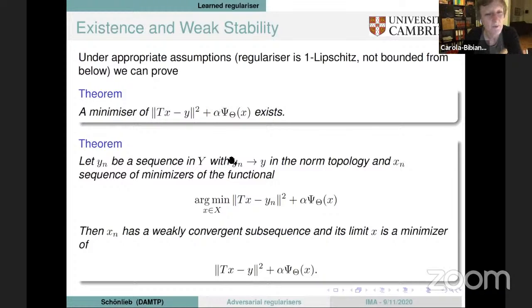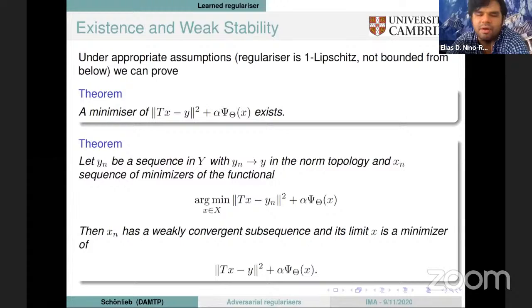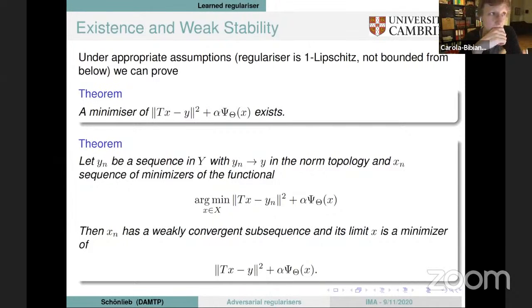But the other thing is, of course, initialization matters if you solve a non-convex problem. So something that you can do is initialize with something that you already think is kind of okay-ish, either background information or a simple reconstruction.